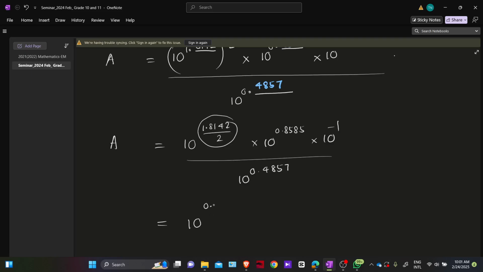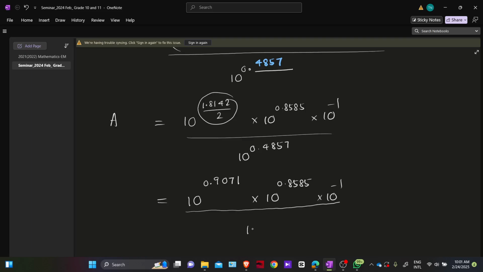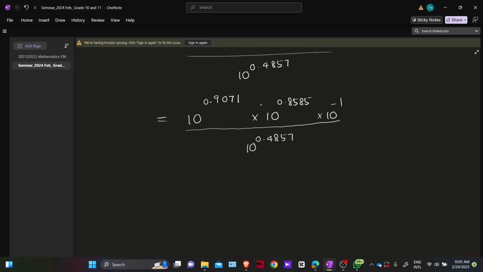Let's simplify. Let's find the answer here. That will be 0.9071. This will be 0.8585. 10 to the index negative 1 is here. 0.4857 is here. Right. You can combine these three together and you can take the difference.